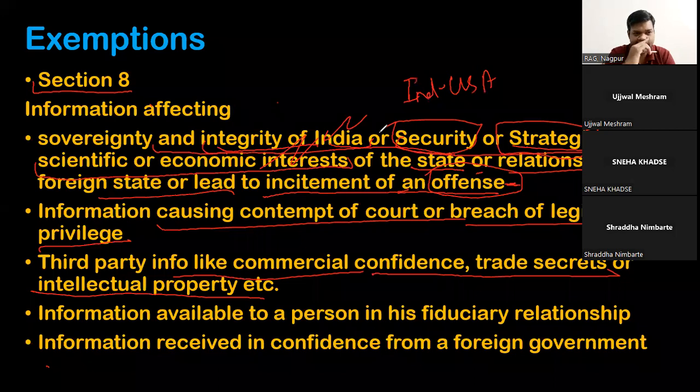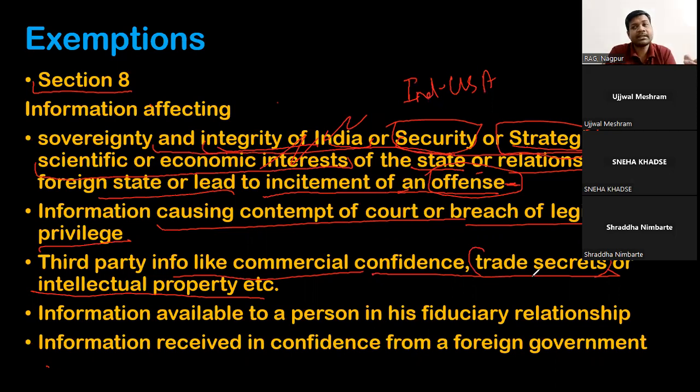They have made a deal in which they will develop a market for trade. These kinds of information cannot be given because it is a trade secret.